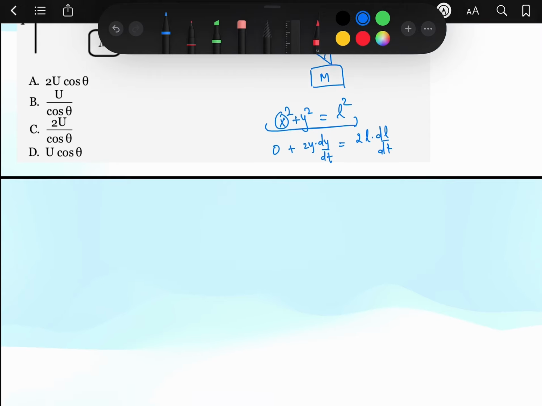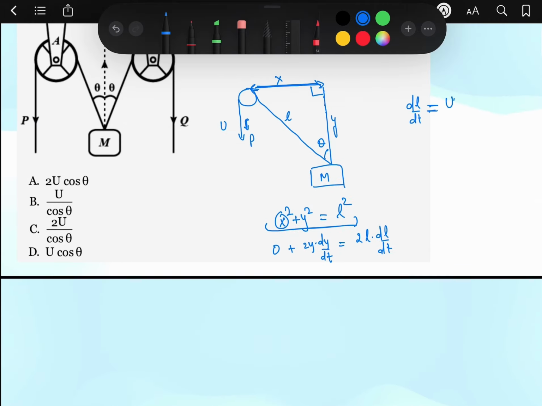Here dy by dt is the velocity of this mass in the upward direction. Let us suppose we denote it with v.